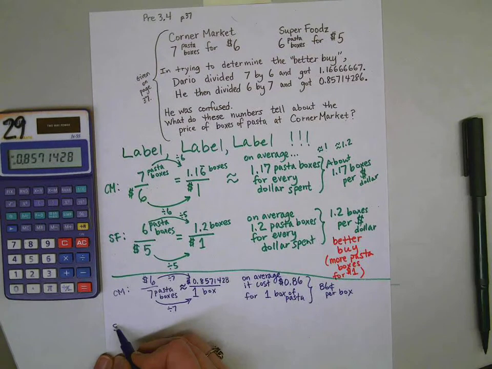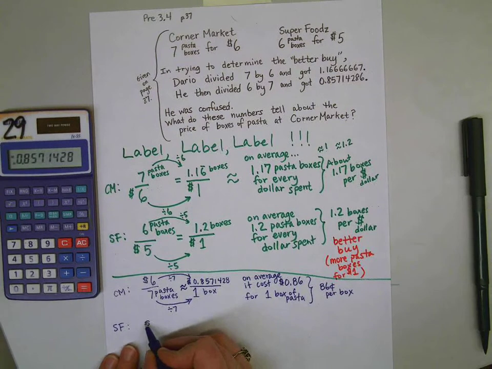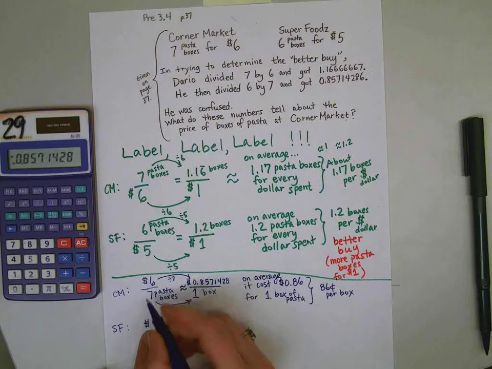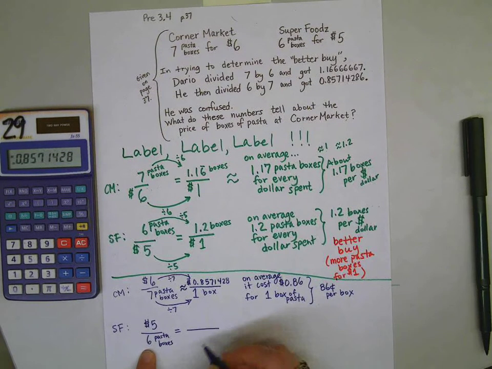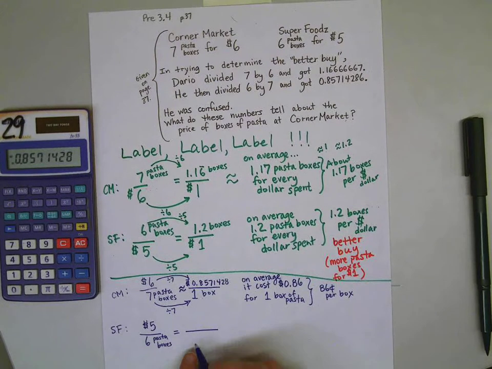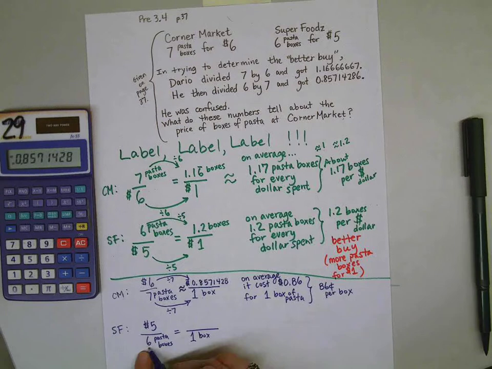For Superfoods, using their numbers, 6 pasta boxes and $5, the dollar amount we want to put on top so we have an equal comparison, the number of pasta boxes on the bottom, and again, we're wanting to know how much it costs for 1 box, so we need to scale this down to 1 box.